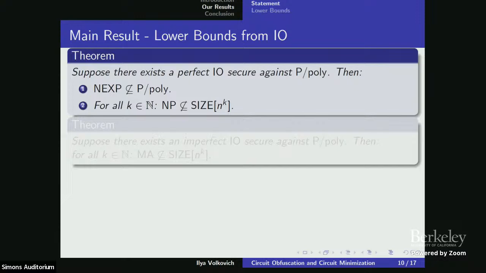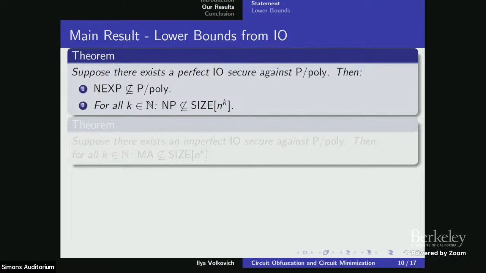Then you get that NEXP is not in P/poly, and you also get super-polynomial lower bounds for NEXP, and you also get what's called fixed polynomial lower bounds for NP. You cannot compute NP by circuits of size n to the k for any k. This is what happens if you have a perfect iO.